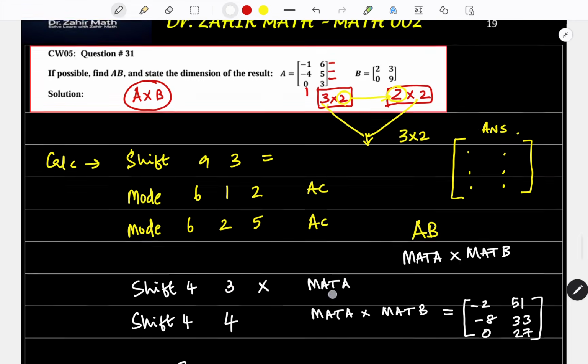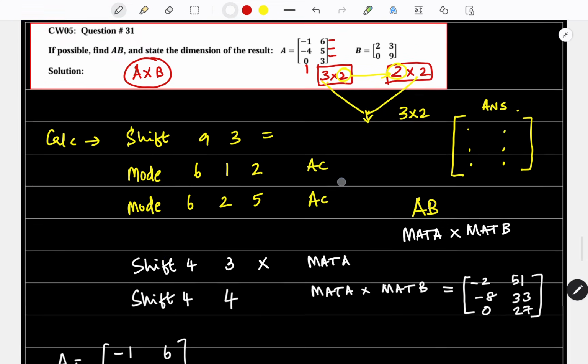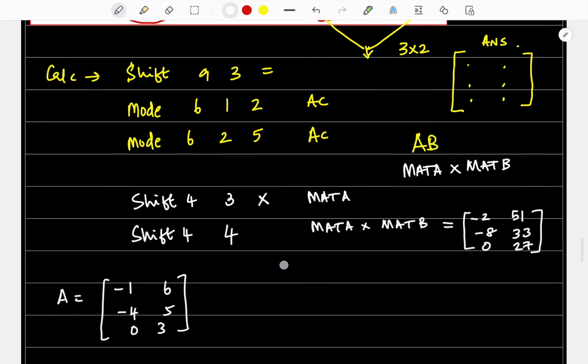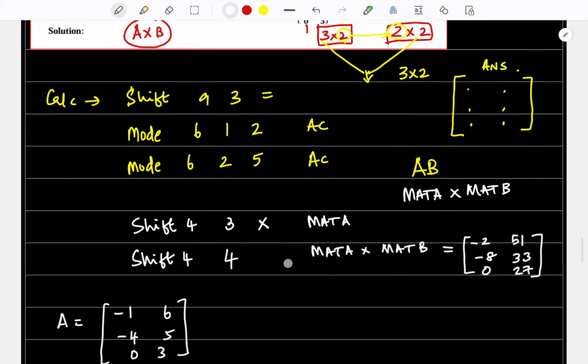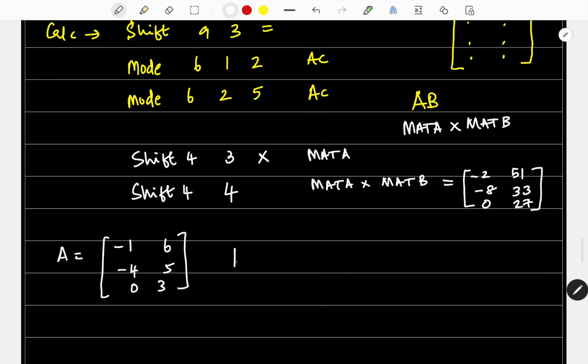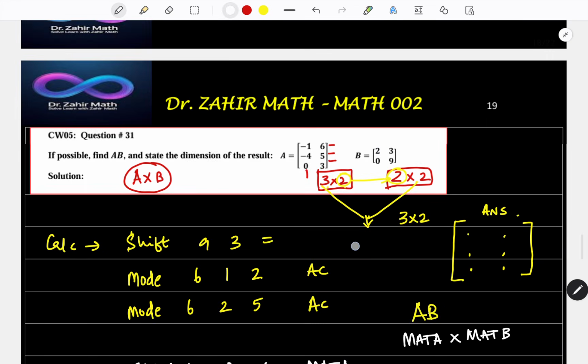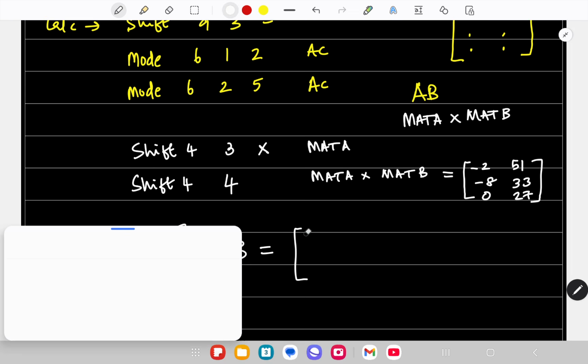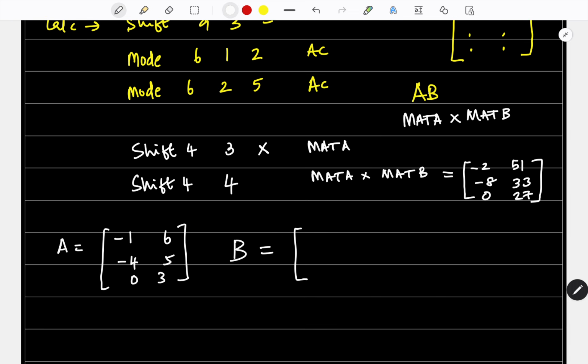This is your mat A. We are going to multiply it with B. So the next matrix, B, is 2 3, 0 9.